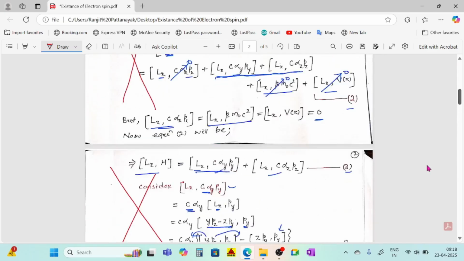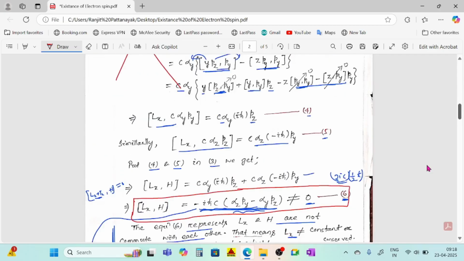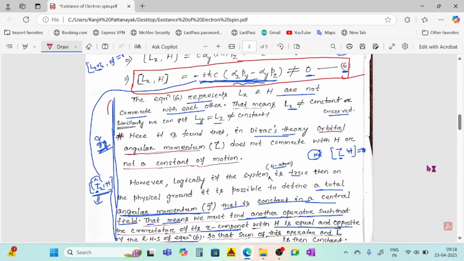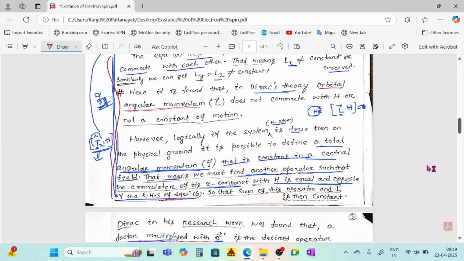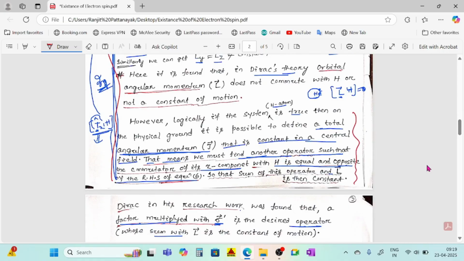Here you have to write, by considering the commutation of the x component of angular momentum with h, we can find this much. Okay. As I told, these theories you just study well, try to understand and write down in your own language. These lines you have to write. Most important.